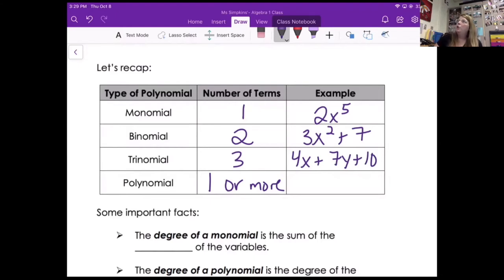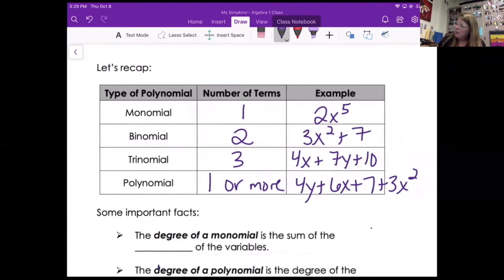And then a polynomial is anything that we're talking about, for example 4y plus 6x plus 7 plus 3x squared. And no, there's not a quadnomial or pentanomial or hexanomial. All the specific ones are mono, bi, and tri, and then everything else is just called a polynomial, okay?